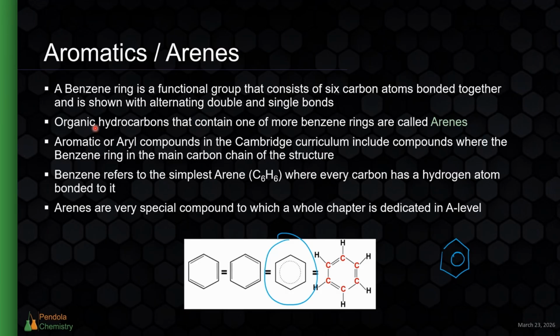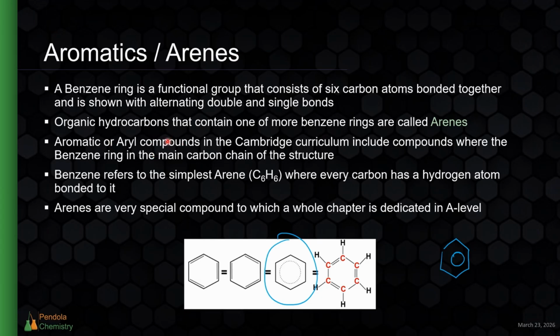Any compound that has this benzene ring in it is going to be called an arene. Aromatic or aryl compounds in your Cambridge curriculum are going to include compounds where the benzene ring is the main carbon chain of the structure, meaning that we are going to look at simpler aromatic or aryl compounds.